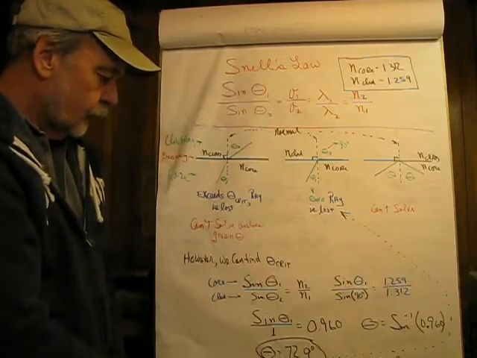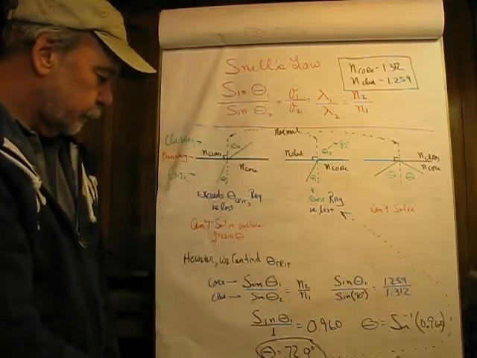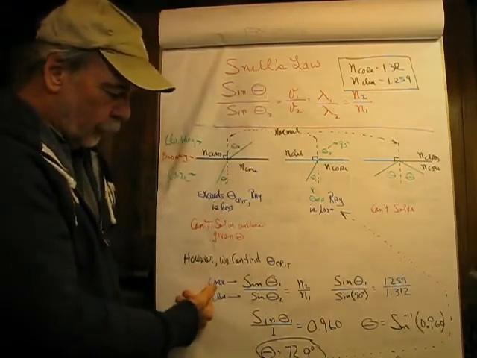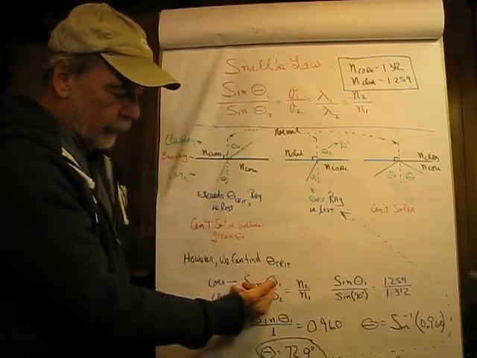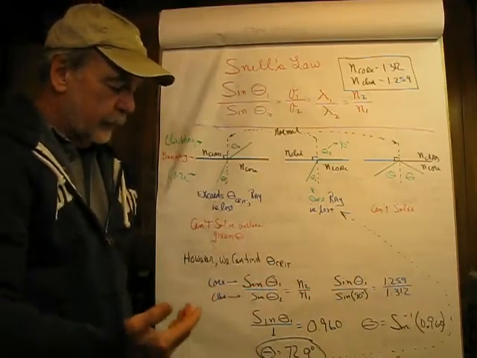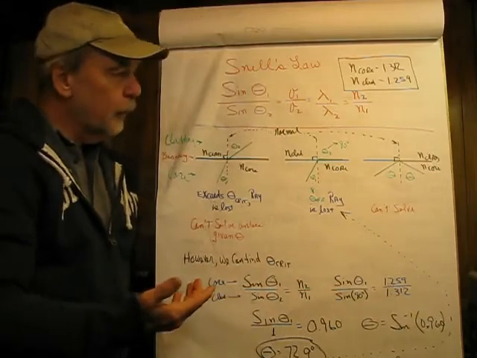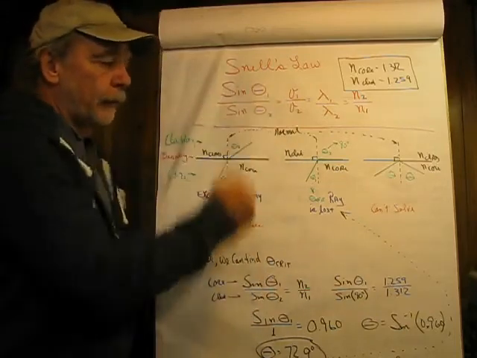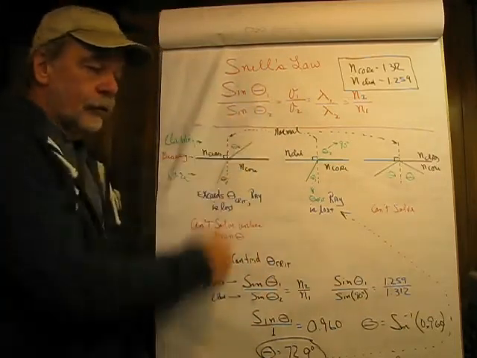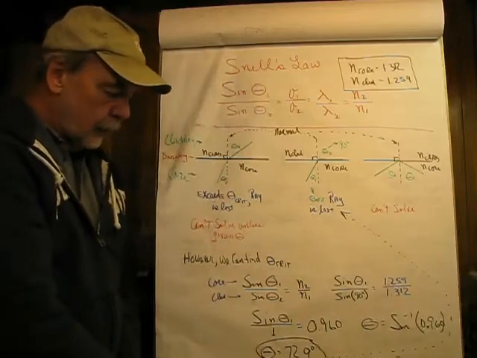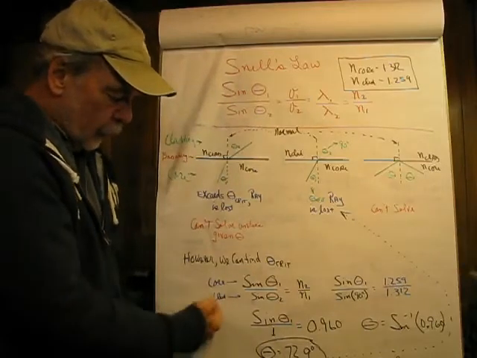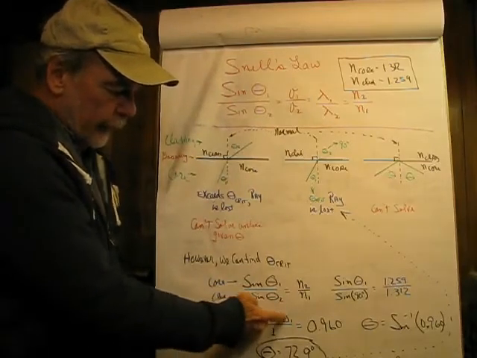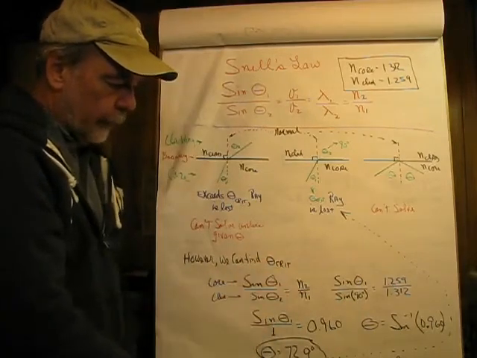So let's solve for the critical angle here. I've designated this as the core. One of the things you have to be very careful of when you work these problems is to define what your 1s and 2s actually mean, so you can be consistent. This is the core, this is the cladding, and it's equal to N2 over N1.